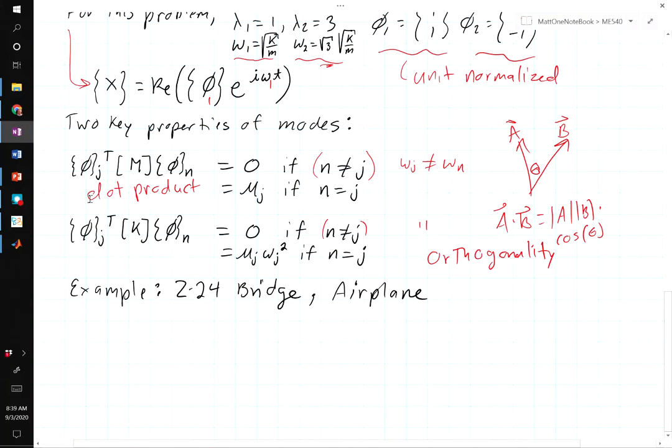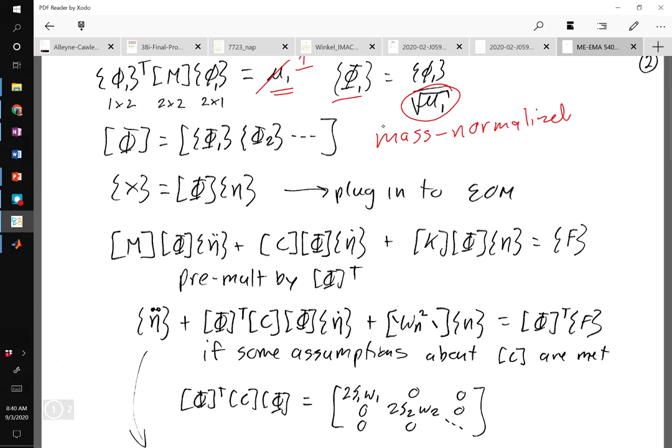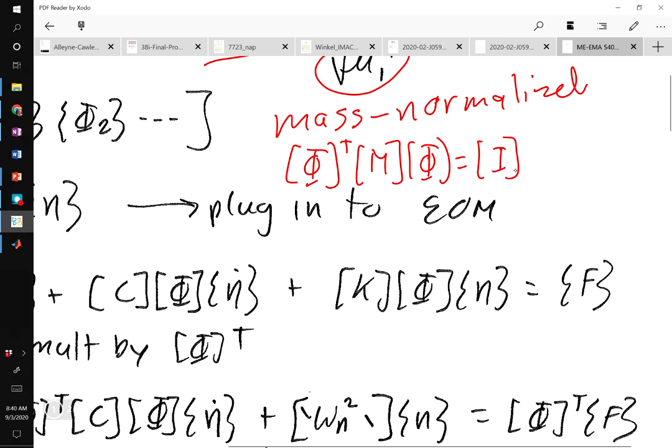Okay, so once we've done that, we have improved upon the orthogonality properties that we had. Let's just write them here. The mass normalized mode shape matrix times M times phi again is equal to an identity.